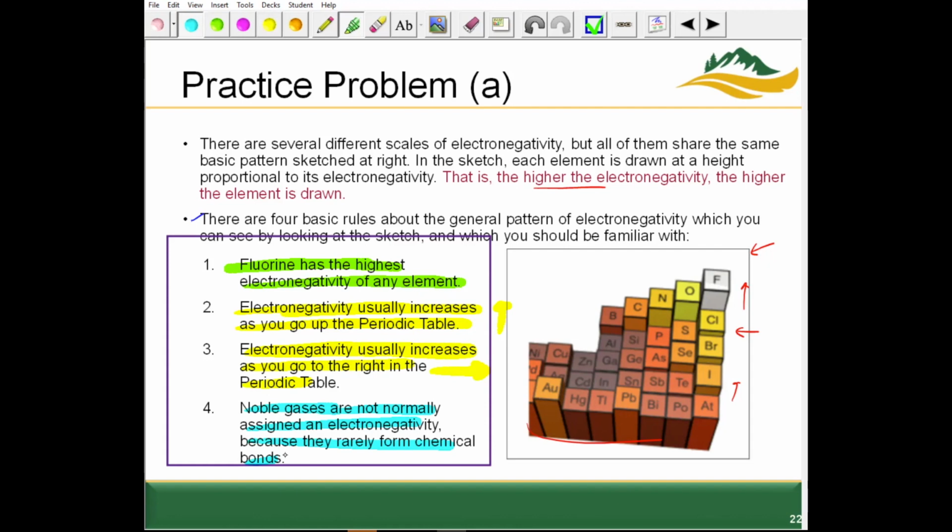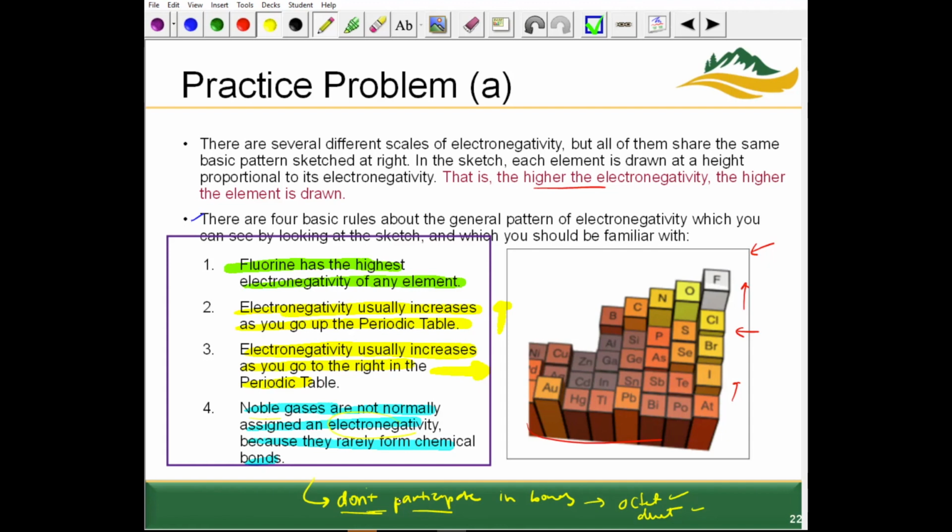They already have a happy complete octet. They don't like to participate in bonds because they don't need to. The reason for atoms to participate in bonds is to reach a happy octet or duet. The noble gases have already achieved that, so again, they're fairly unreactive. They don't like to participate in bonds because they already have a satisfied complete octet or duet. So we don't really think about electronegativity values for our noble gases.